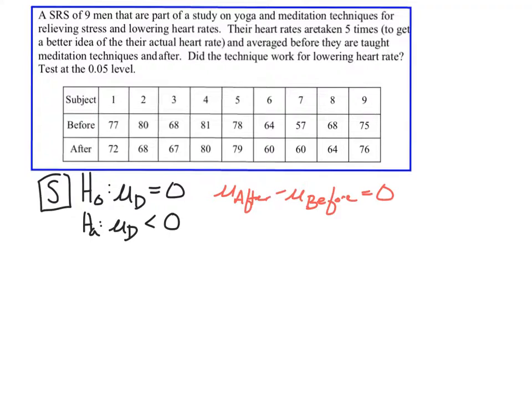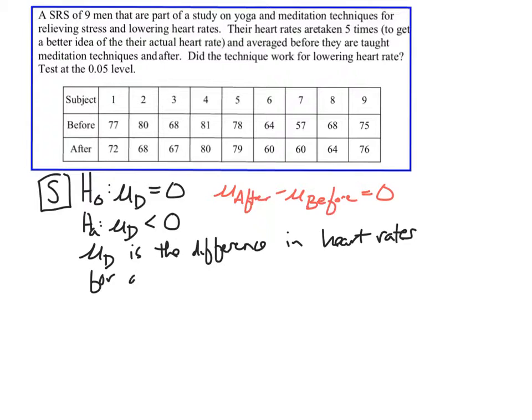So if you've done it the way I've done in black, then you just need to say that mu sub d is the difference in heart rates for all men, and then maybe you want to say it's the after minus before, so they're clear when grading yours which way you've done this. Okay, so that's our state.